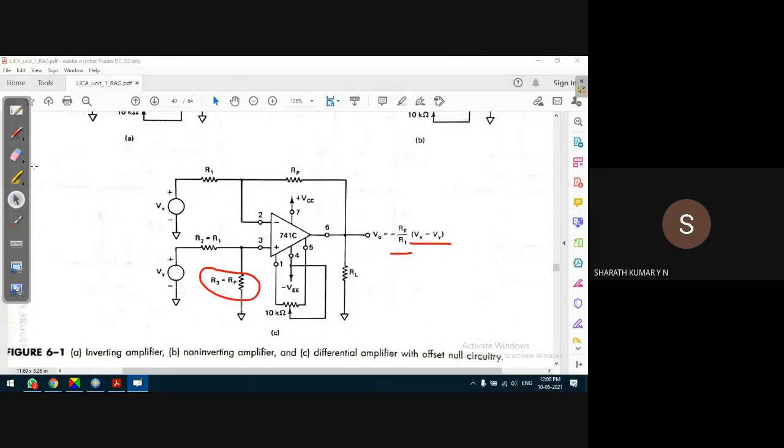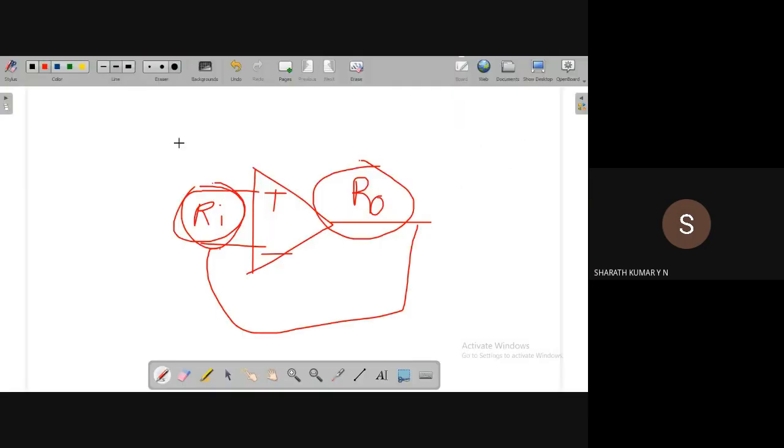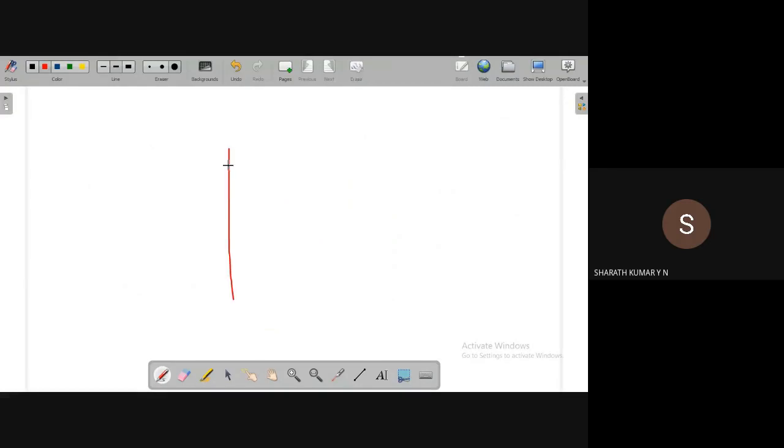To understand that concept, we have to understand that the inverting and non-inverting terminals are connected to the base terminals of BJT amplifiers. For example, this is the non-inverting input and this is the inverting input.